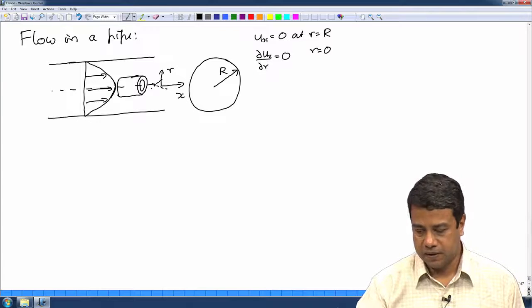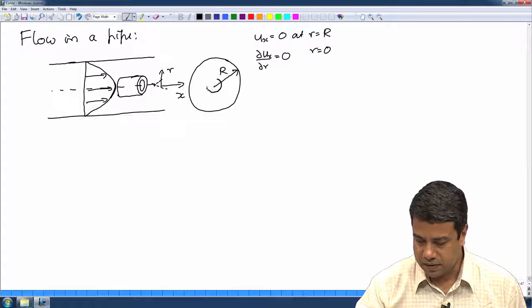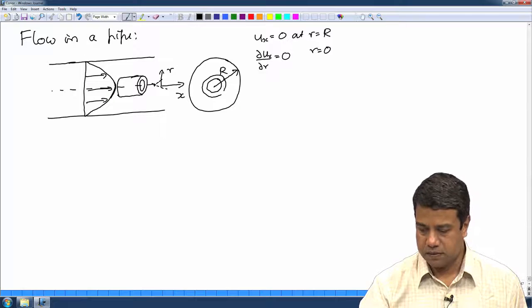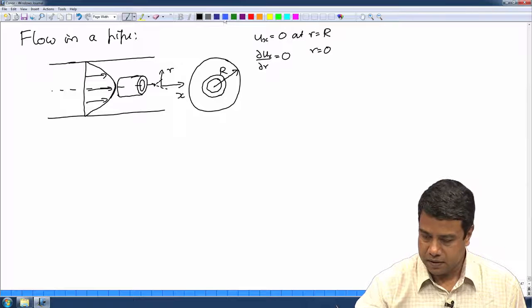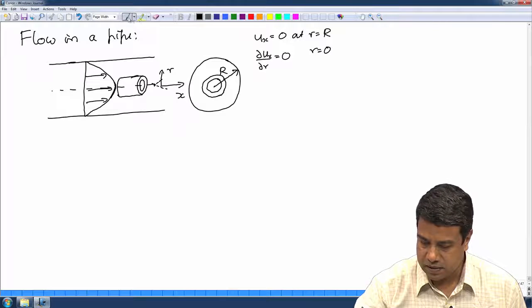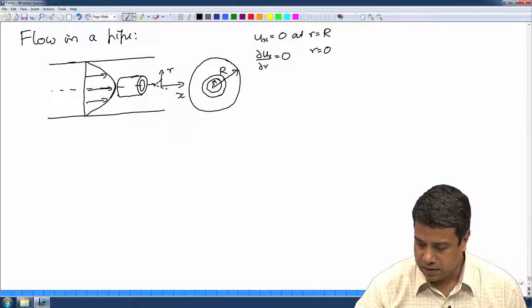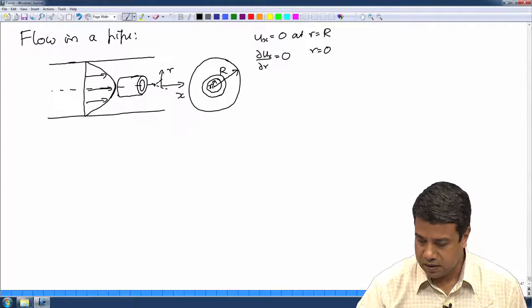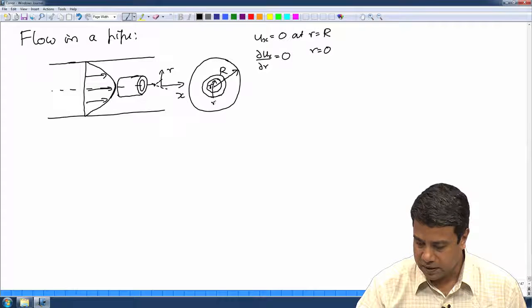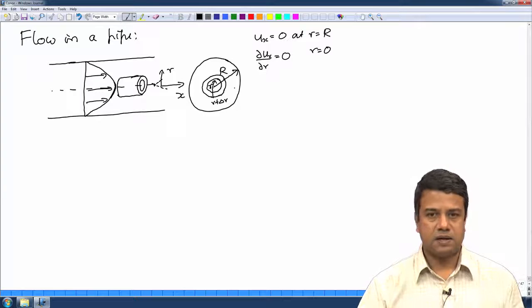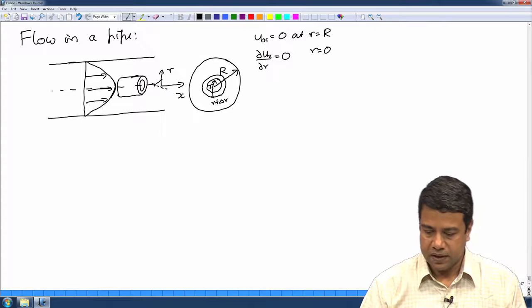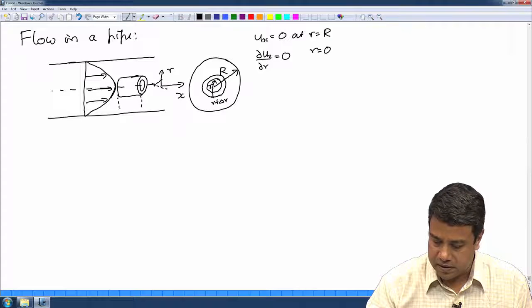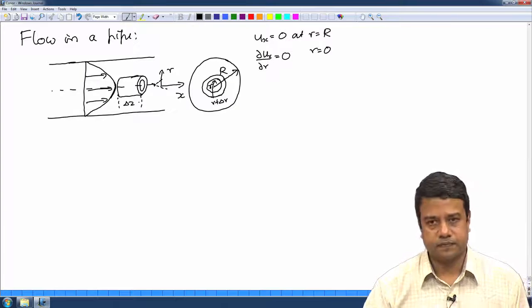If I look at it here, it looks something like this. In the radial direction, it is bounded by the location r and the location r plus delta r. So, it has a thickness delta r in the radial direction, and in the z direction it will have a thickness delta z.